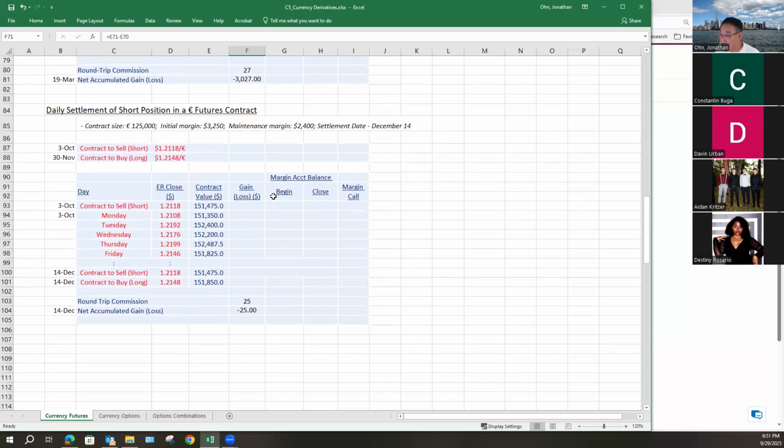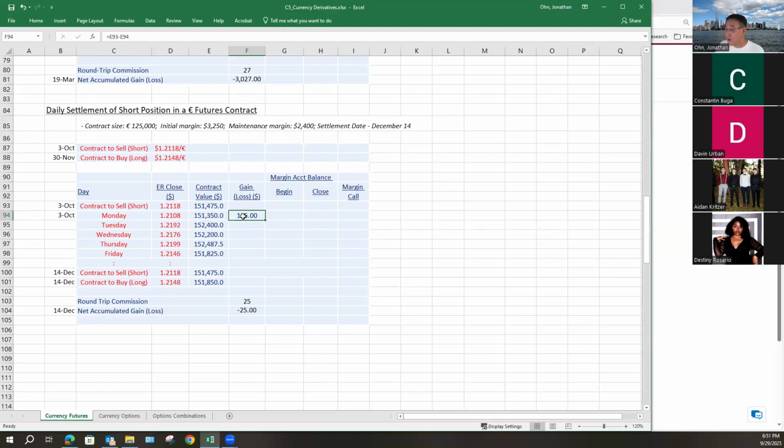But when you are in a short position, value decrease is your gain. So for a short position, gain is a decrease. You have to calculate the opposite of the long position.